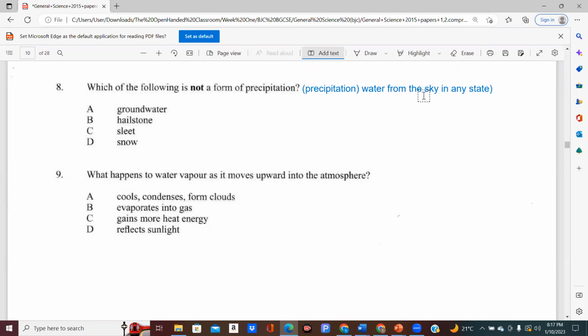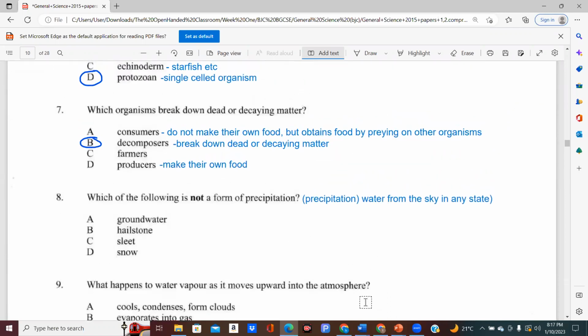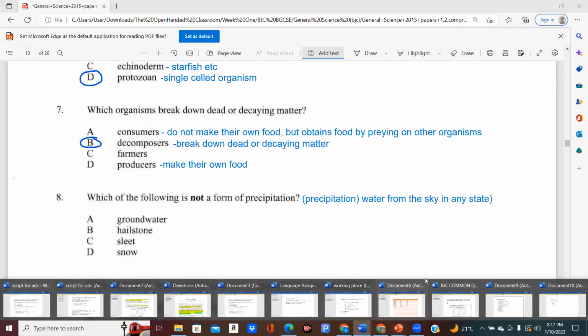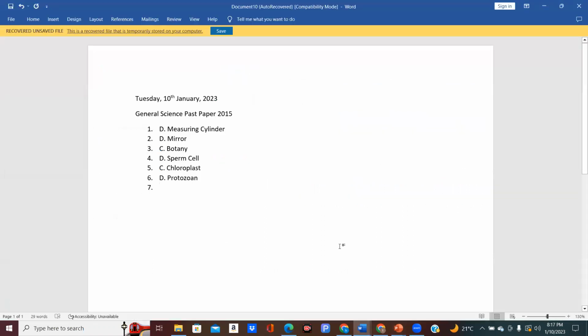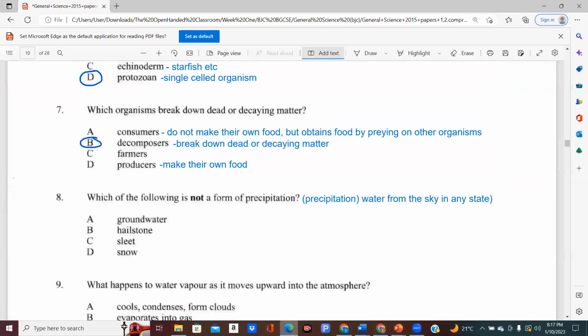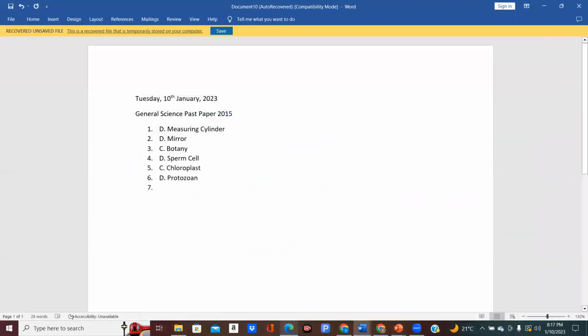Precipitation is water from the sky in any state. By the way, did we put the answer for this one? Number 7 is what? Number 7 is B, decomposers.